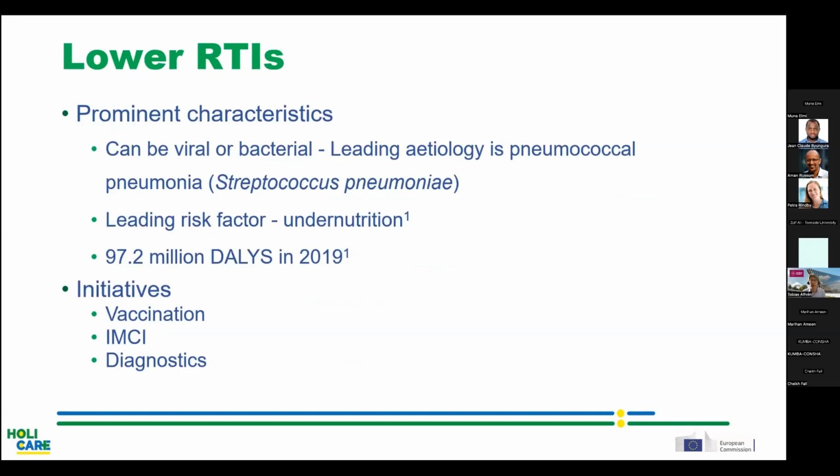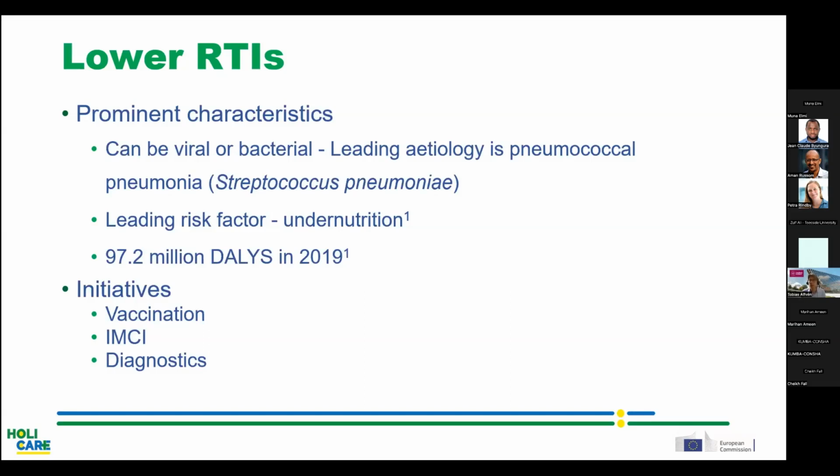Lower respiratory tract infections can be either viral or bacterial, or even sometimes fungal. The leading etiology is pneumococcal pneumonia, so that's bacteria, and here you need antibiotics. But very often it can also be viruses, and more now, since we started with vaccinations against pneumococcal pneumonia, some of the strains, not all of them, we have seen a lowered incidence and more viral.